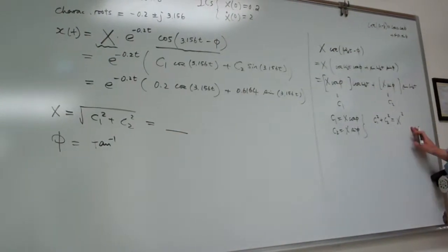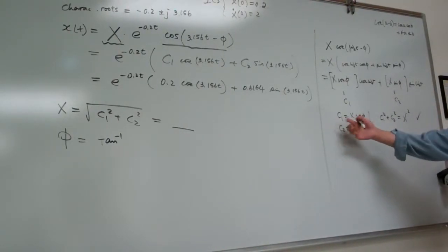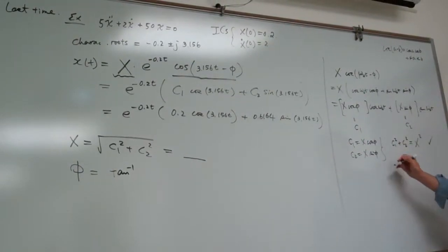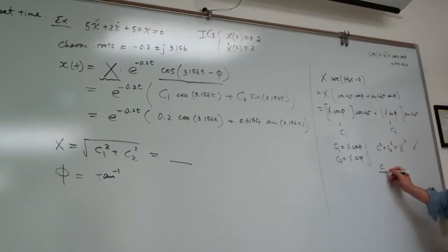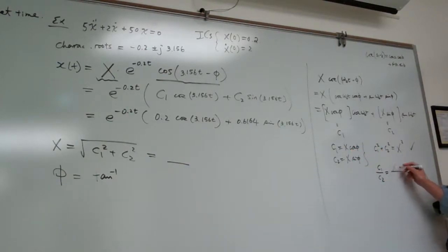So from here, we divide each term side by side. C1 divided by C2 equals X cosine phi over X sine phi.